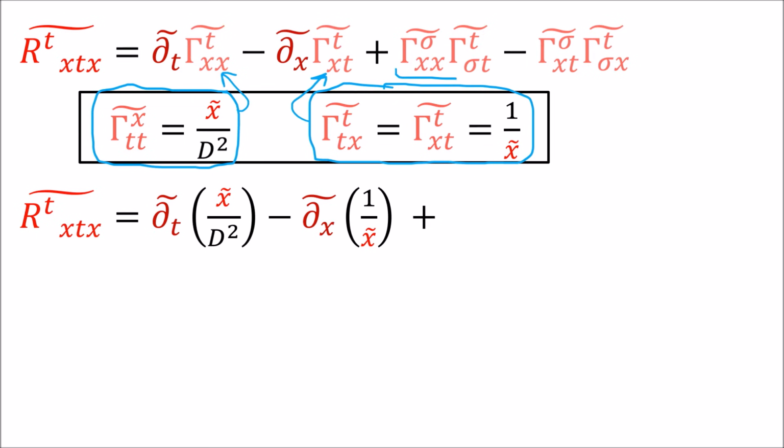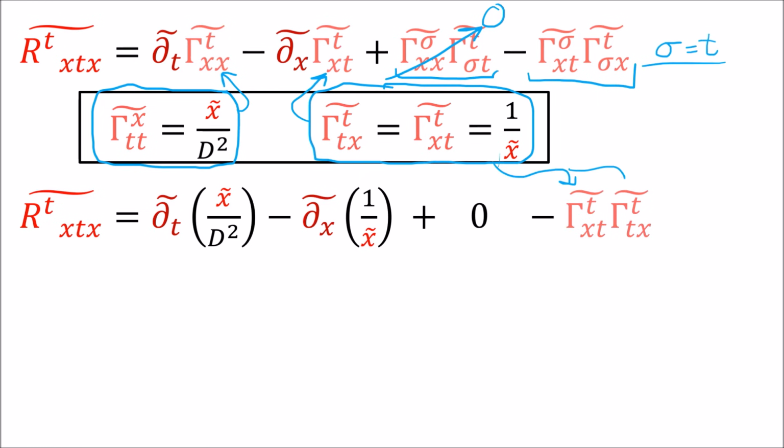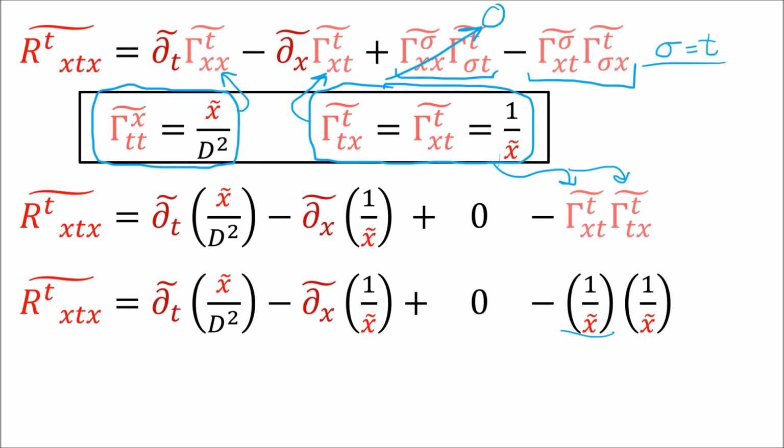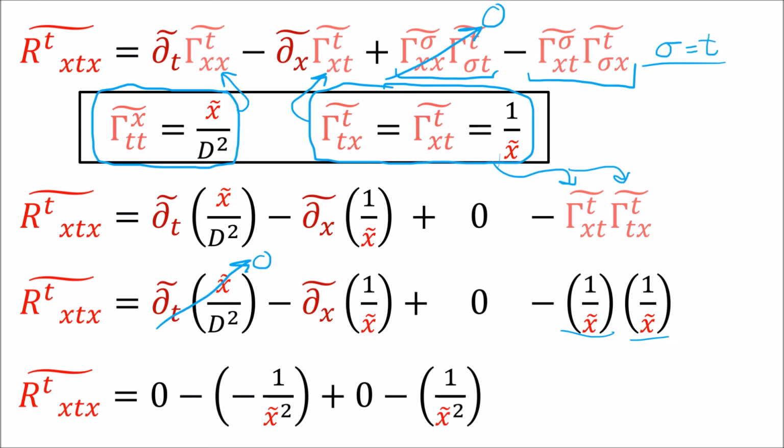With the other two summations, we need to find values of sigma that result in non-zero results. The first sum goes to 0 for both choices of sigma equals t and x. The second sum is non-zero if we choose sigma equals t, and we get 1 over x tilde times 1 over x tilde.